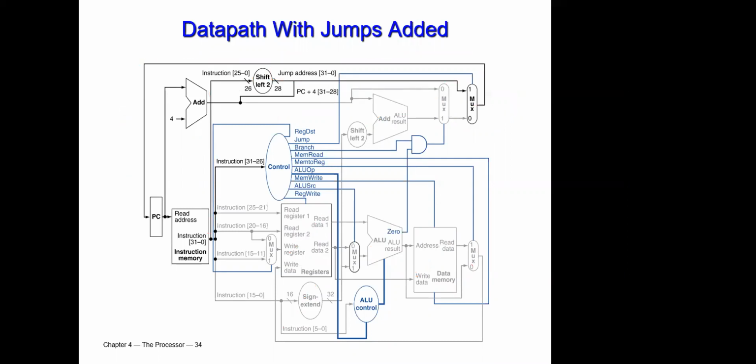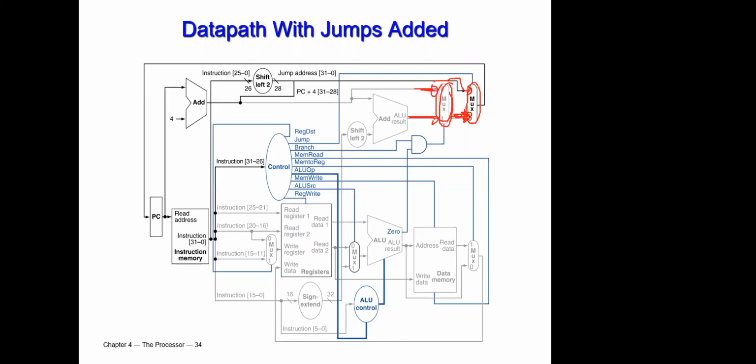As you can see from here, I have also added a new multiplexer. That multiplexer will update either from the jump or from the branch. If you look at this multiplexer, this guy will update either from the branch or from the program counter plus 4.